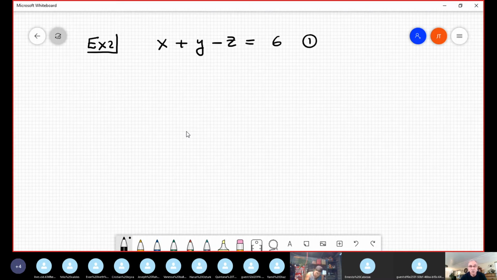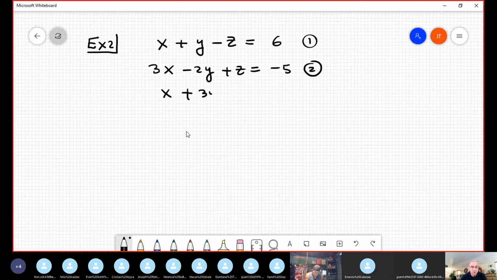This is equation number 1. 3x minus 2y plus c equal negative 5. Equation 2. And x plus 3y minus 2c equal 14. Okay, this is our example, 3 equations, 3 unknowns, x, y, and z.